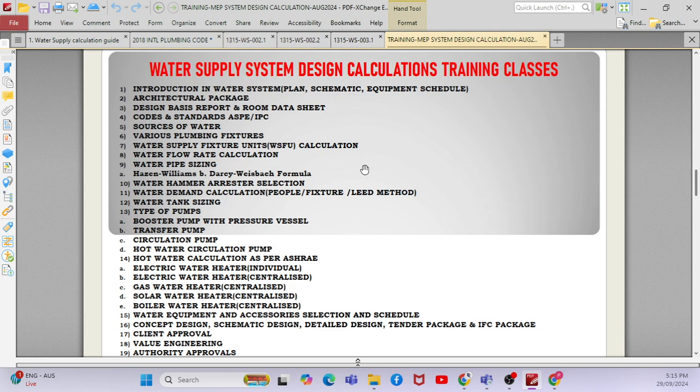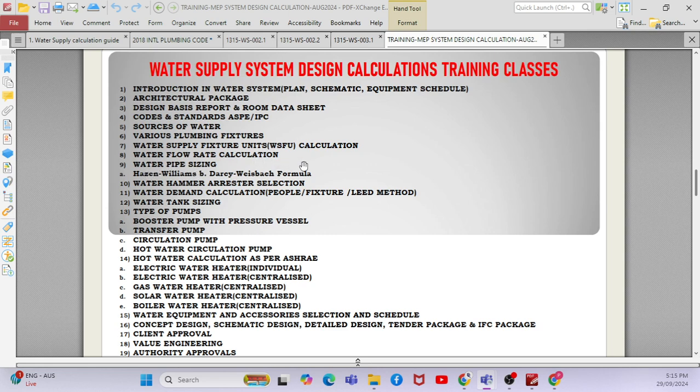Based on the WSFU values and the corresponding flow rate, you can calculate the pipe sizing, right? So when you calculate the water flow rate, it is based on the WSFU, the corresponding water flow rate. That is what you will get in the IPC standard. Clear, right?